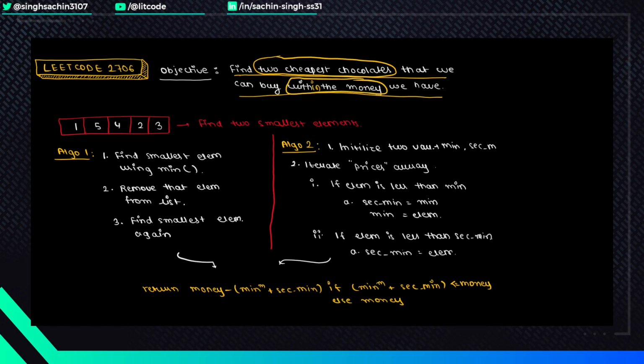Now I can further simplify saying we have to find two smallest elements from the array. Because if I am able to find two smallest elements from the array, I'll be able to get the smallest sum which I would need to buy the chocolates, right? For example, in this one it will be 1 plus 2, which is 3.